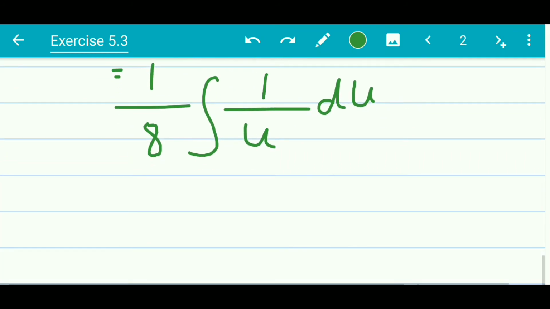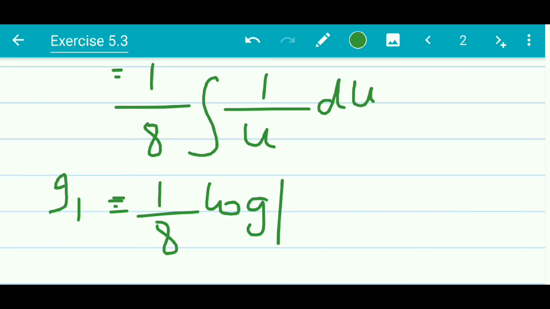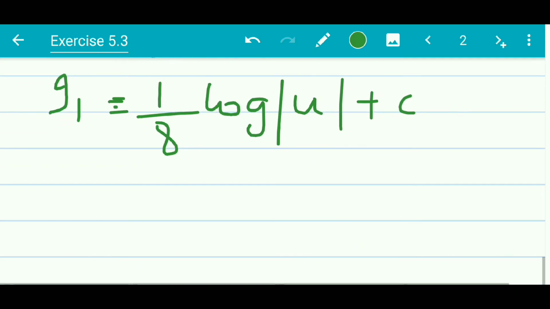So, what is the integral of 1 upon u? It is log. So, the answer for I1 becomes 1 upon 8 log mod of u plus c, and we resubstitute the value of u over there.